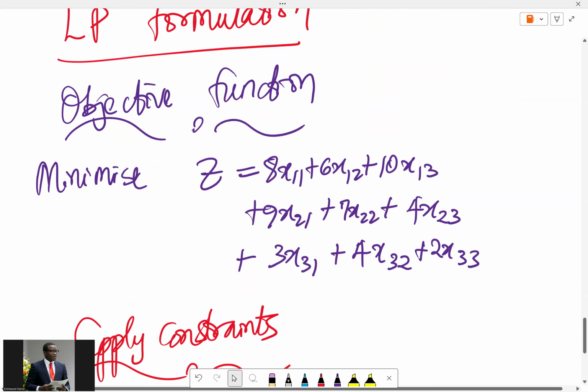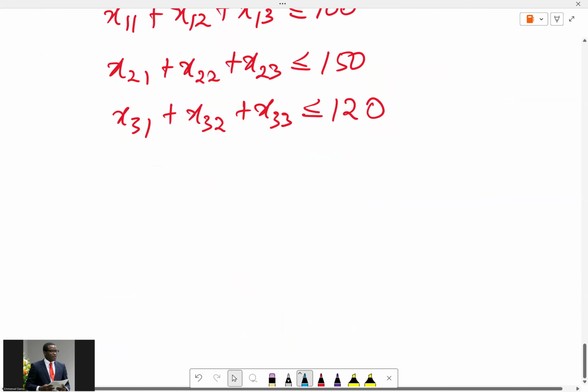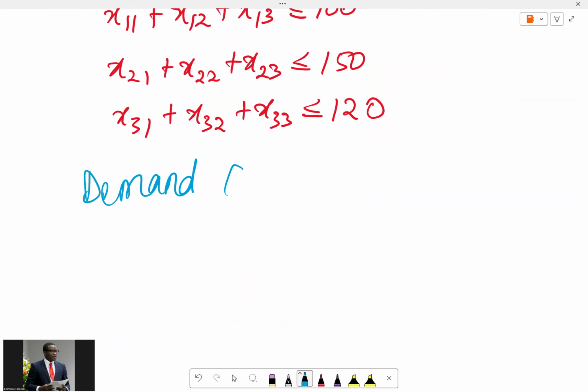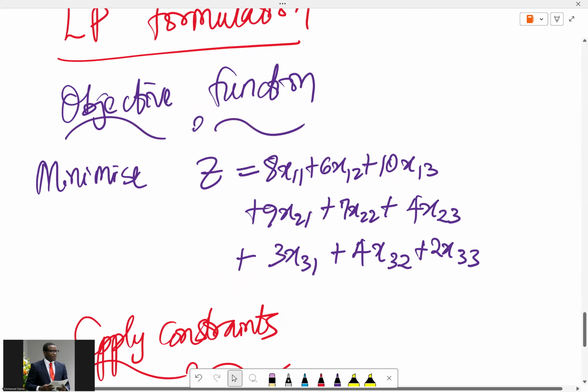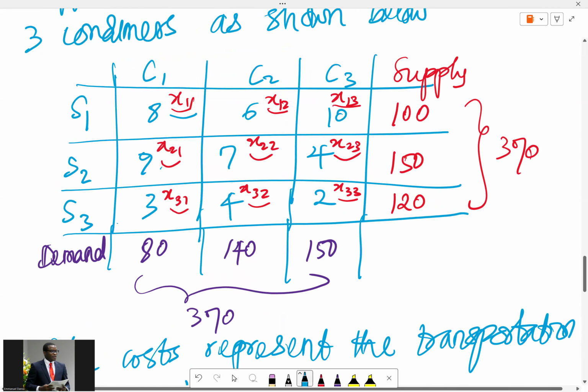Then we can also talk about the demand constraints. The supply constraint is across the rows, right? But the demand constraint will be down the columns. So here now it means that x11 plus x21 plus x31 will be equal to 80.